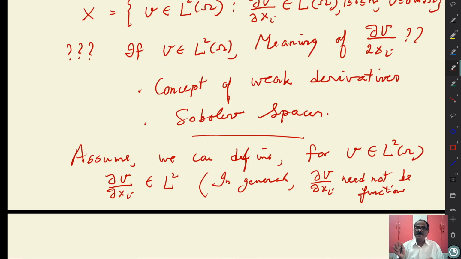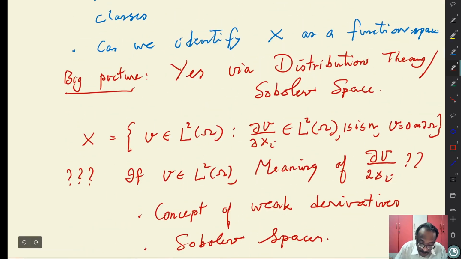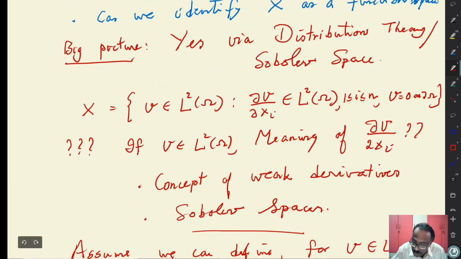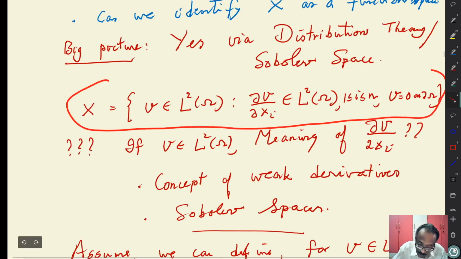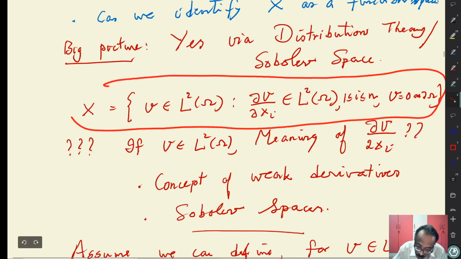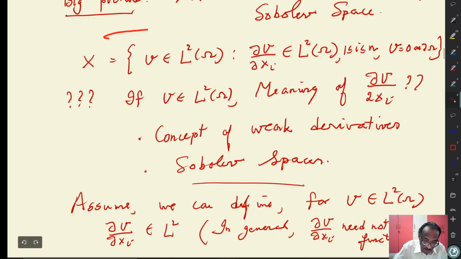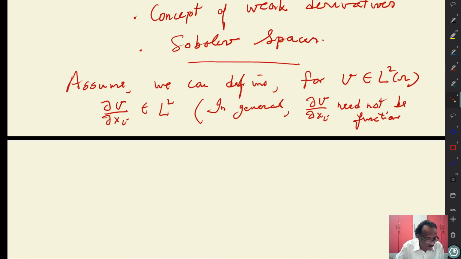You will see that later. But you collect all those functions V for which dV by dxi is also a function, and the completion X can be identified with this space. So you can identify it with only those V for which dV by dxi is in L2 of omega, and with that setup you now have a weak formulation.